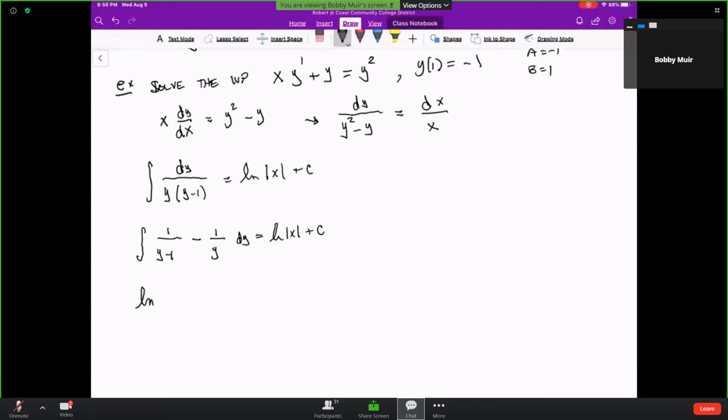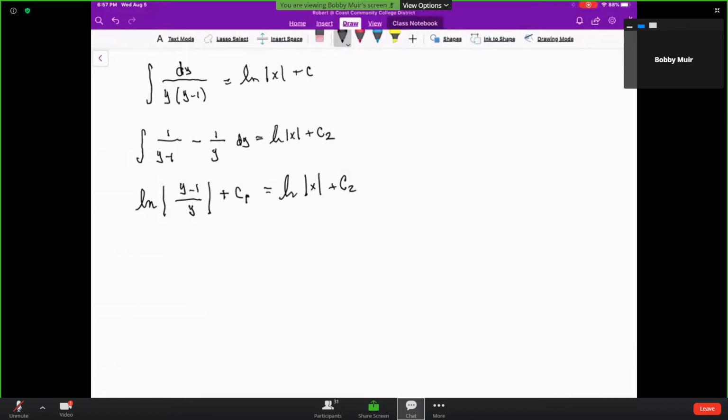So this is going to end up being the natural log of the absolute value of y minus 1 over y plus a constant c1, call that the constant C2. Okay, so this is telling us that this is the natural log of the absolute value of x.